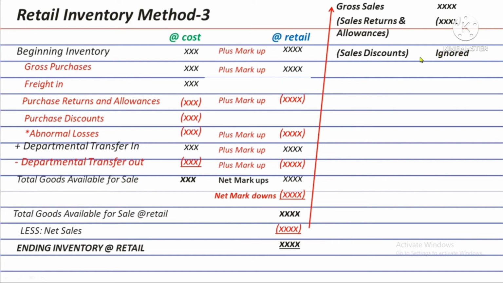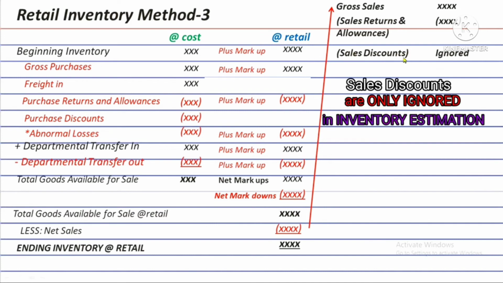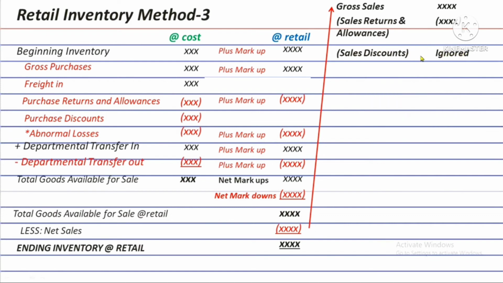So this is always the case when we talk about inventory estimation. Again, the sales discounts are normally deducted from the gross sales. But if we're talking about inventory estimation, this should be ignored. Now guys, I'll tell you, the retail inventory method, which is our topic, is a method of estimating inventories.